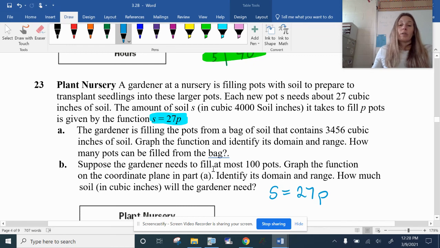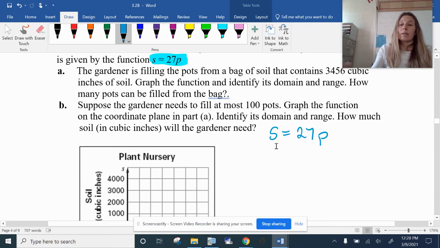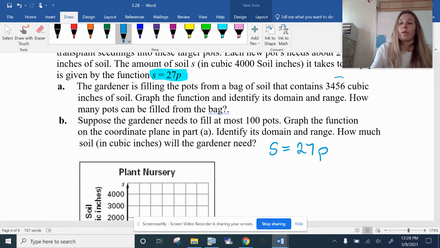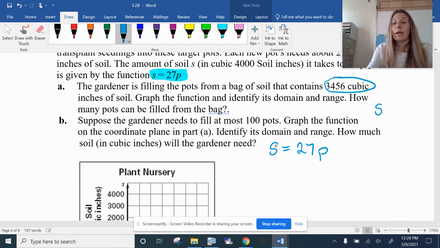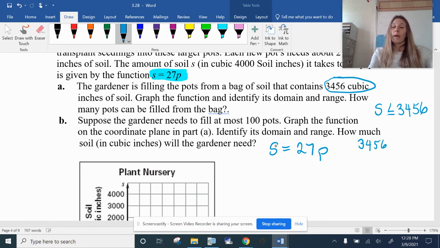All right, so the gardener is filling the pots from a bag of soil that contains 3456 cubic inches. So that is basically the most. So they're telling you the S has to be less than or equal to 3456. So they're actually giving you a limit on the range here. So if we know that the S can't be more than that, then what is the maximum value for the P?